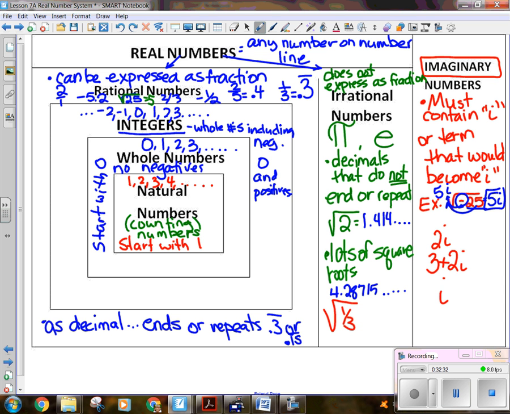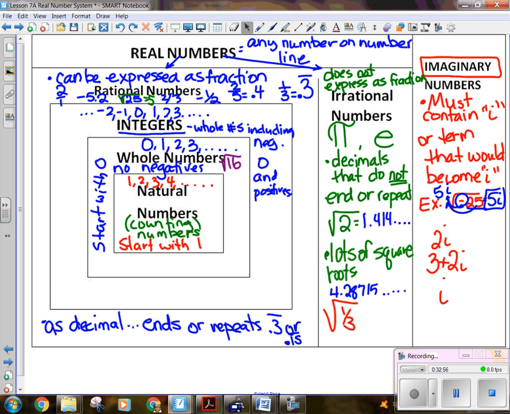So please understand, let's say I pick a number like square root of 16. Okay, technically square root of 16 could be a natural number. I could put it also in the whole numbers, because what's square root of 16?